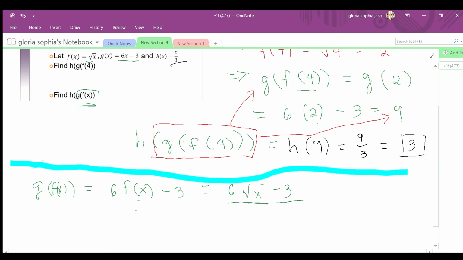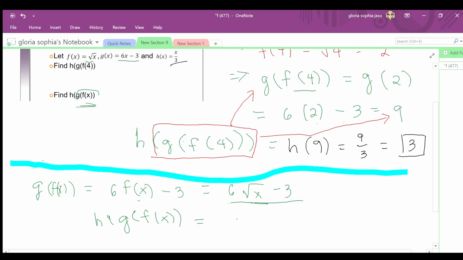So, ngayon, papasok naman natin siya kay h. So, si h, ayan, g of f of x. Okay? So, pasok natin siya. Ano ba yung pattern ni h?